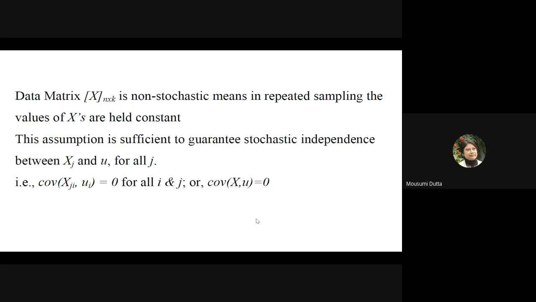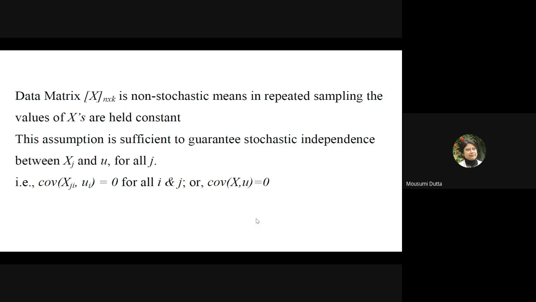So nothing new here. We are considering the covariance between x and u is equal to 0. If we consider x to be non-stochastic, this condition will be trivially satisfied because u is always random. However, we can note in this context that non-stochasticity of x is not necessary.